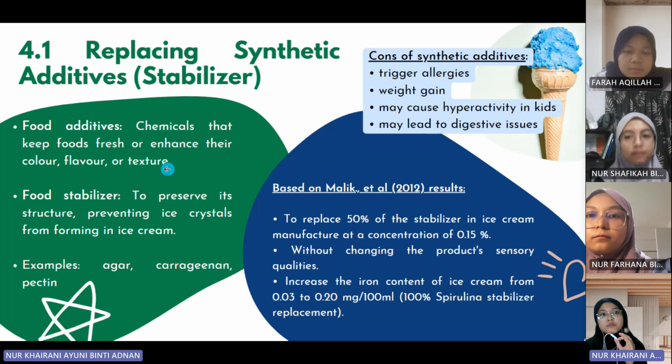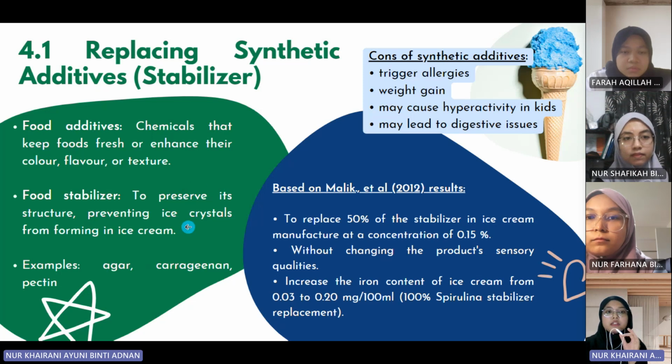But these synthetic additives may be harmful to humans because they can trigger allergies, cause weight gain, may cause hyperactivity in kids, and can lower gut bacteria diversity. And one of many examples of food additive is stabilizer.